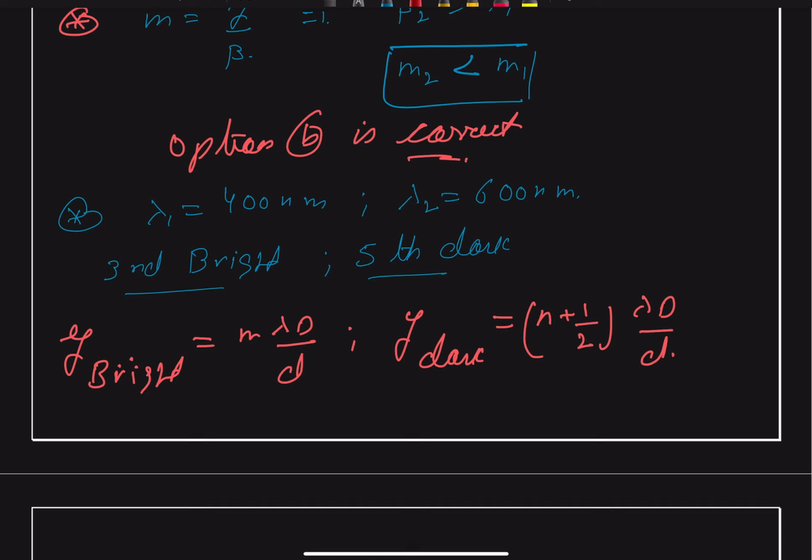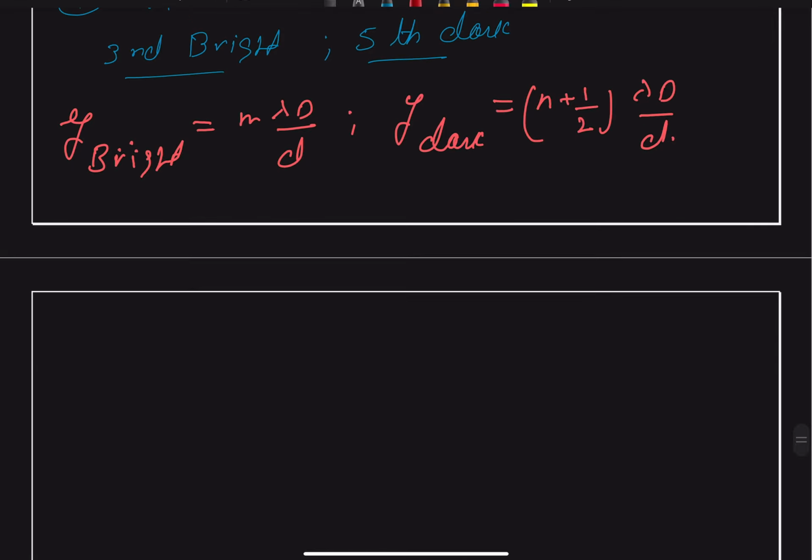For the third bright, the value of m is equal to 3, so y will be equal to 3 times 600 capital D divided by small d.